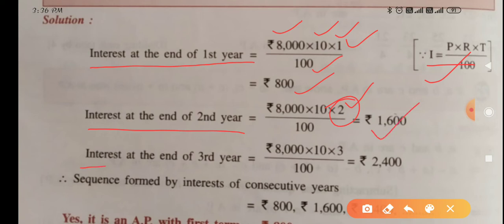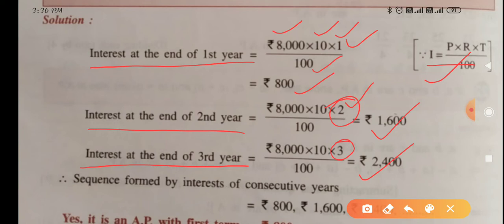In the same way, the interest at the end of the third year means 3 years, so you put the value of time as 3, and the interest will come just triple, 2400. So like this you can find the interest at the end of each year, and so on.